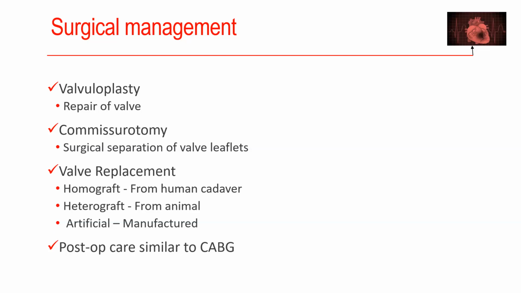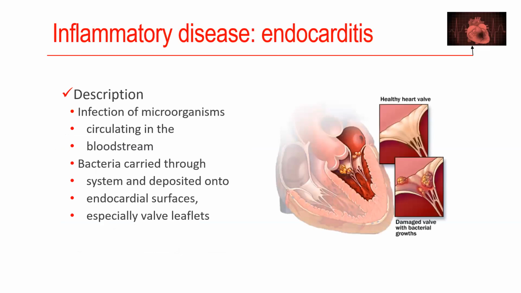Okay. Excellent. All right. So let's think about one of the other causes for valvular dysfunction. That's inflammatory disease, endocarditis, and that just comes from infection of microorganisms. This does tend to be something that AACN likes to ask you about, infective endocarditis, right?